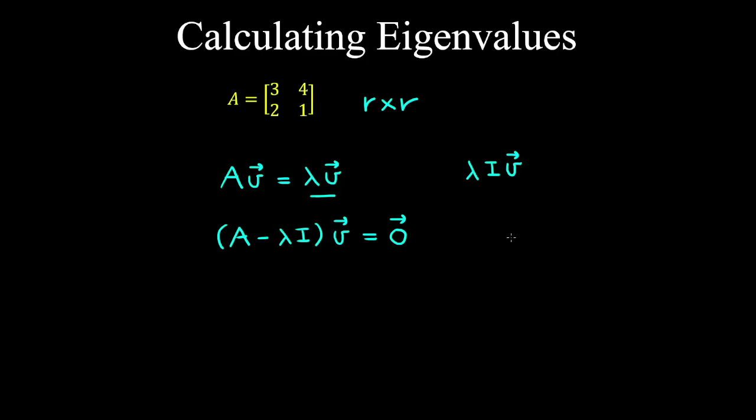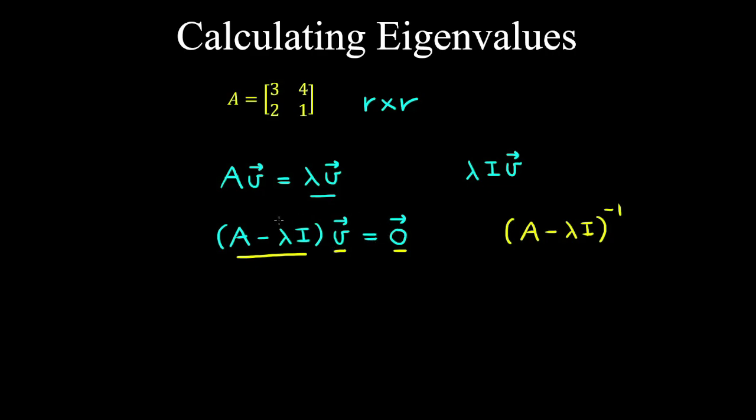So you may recognize this as a homogeneous system of linear equations. So we have a matrix multiplied by a vector is equal to the zero vector. So as we know, if the inverse of the coefficient matrix exists, then we only get the trivial solution because we have the inverse by the zero vector.